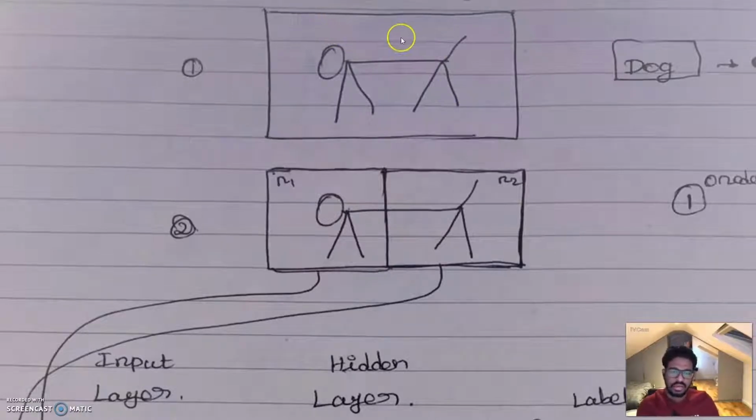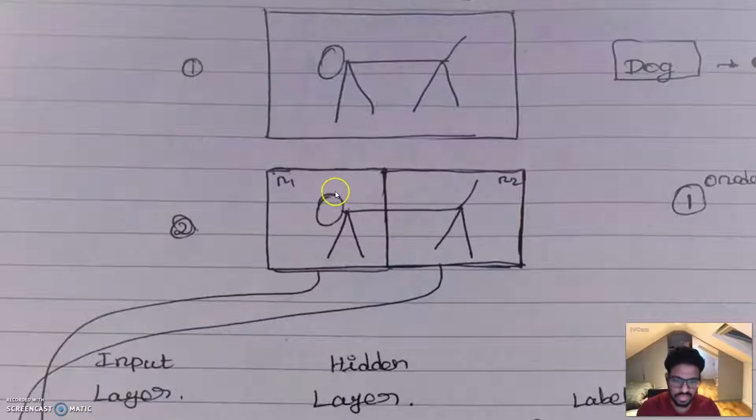So what we're gonna do is split this image into two neurons. Since we have only two neurons in our network, we are going to split this image as node 1 and node 2. But this is not the actual case, because one image will be separated into multiple groups of pixels, and then it will be passed into the input nodes.